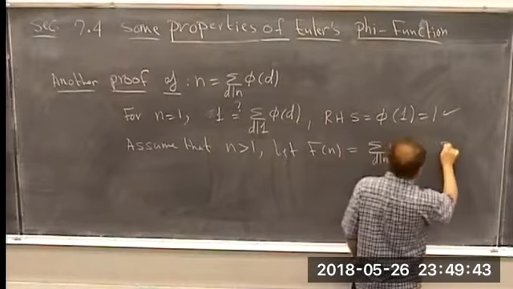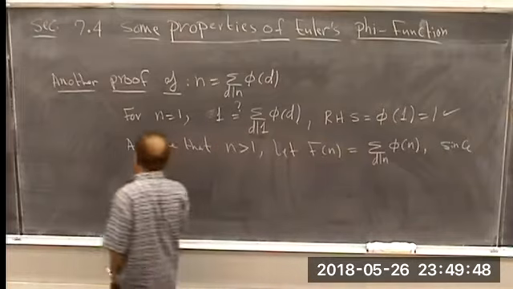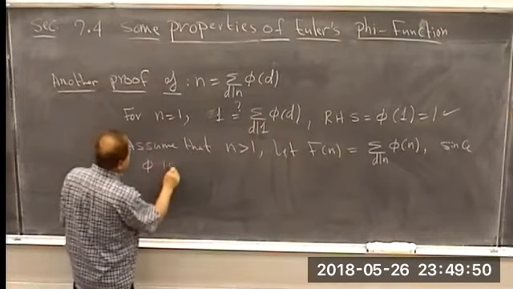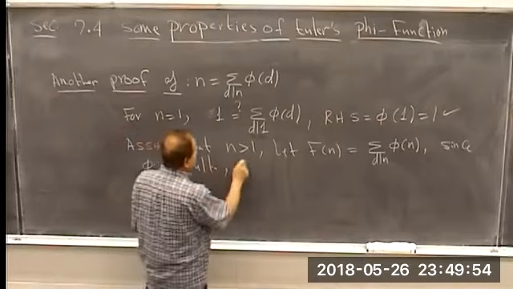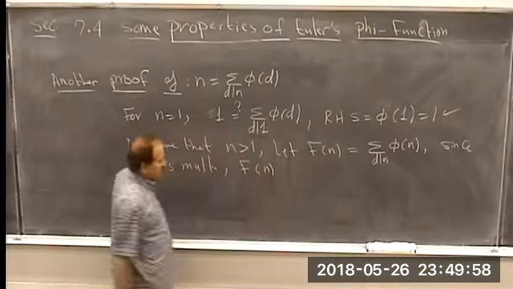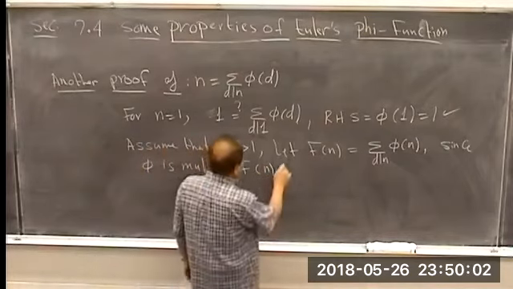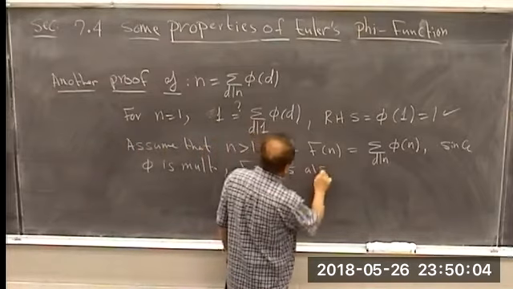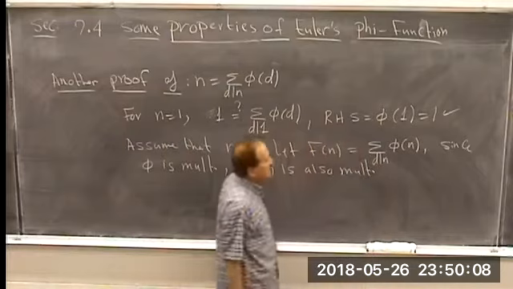Since phi is multiplicative, f of n is also multiplicative, because I don't know what this sum is, so I'll call it f and show that f of n is equal to n. We have shown this back in chapter 6.